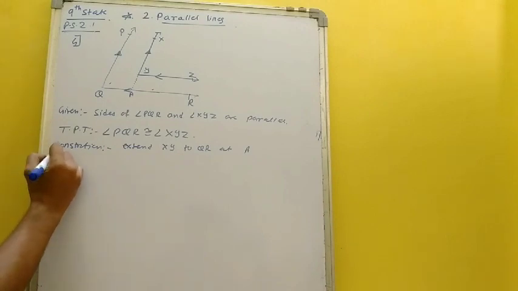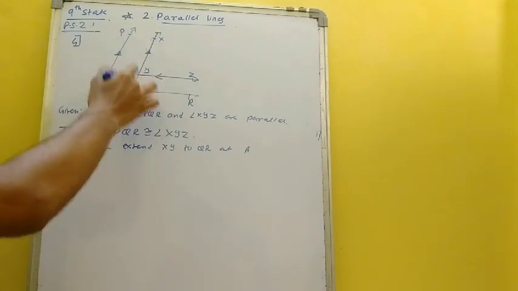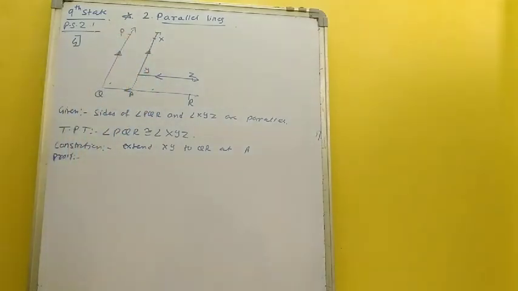Now I will start with the proof. As this is the extended line of XY, I can say that XA is also parallel to PQ. Got it? Now let's start.